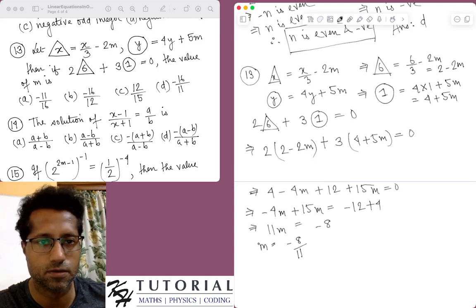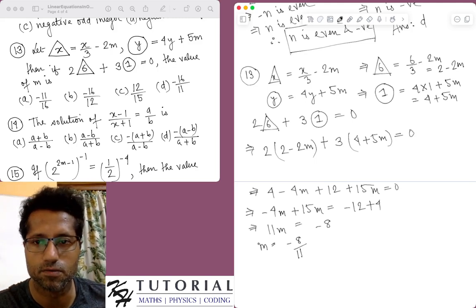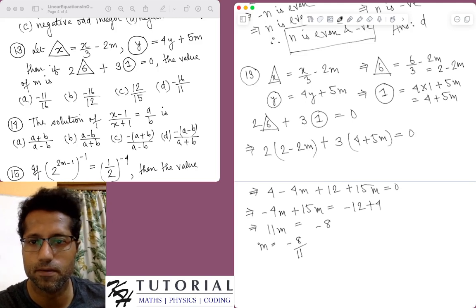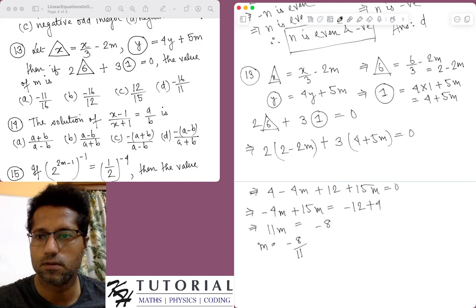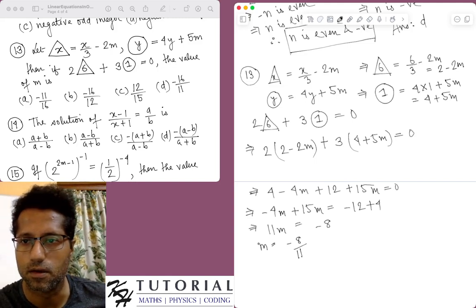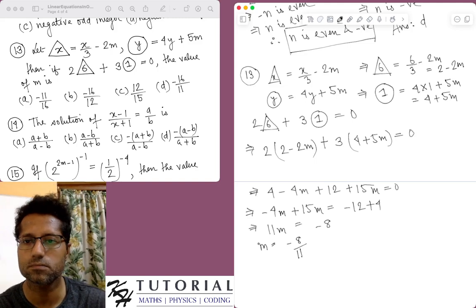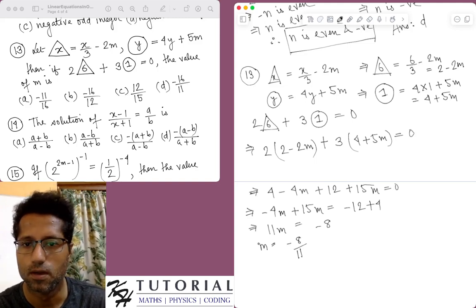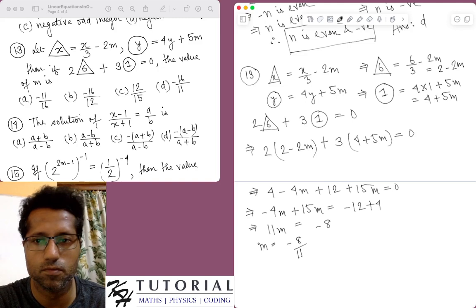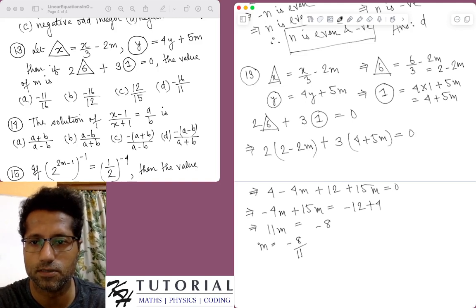So triangle x was given as x by 3 minus 2m. So triangle with the 6 will be 6 by 3 minus 2m, which is 2 minus 2m. And y was given to be 4y plus 5m, so the circle with 1 inside becomes 4 into 1 plus 5m, which is 4 plus 5m.